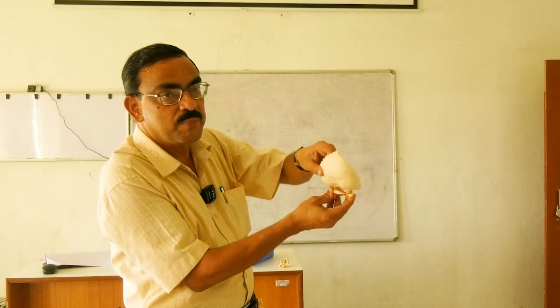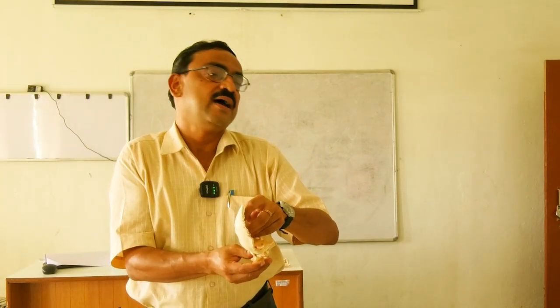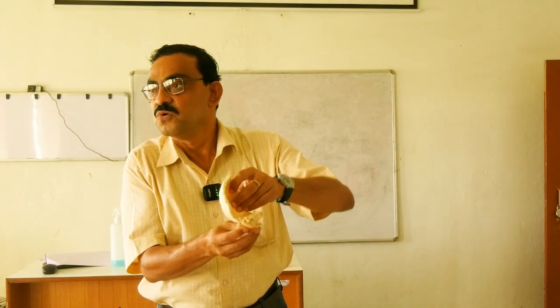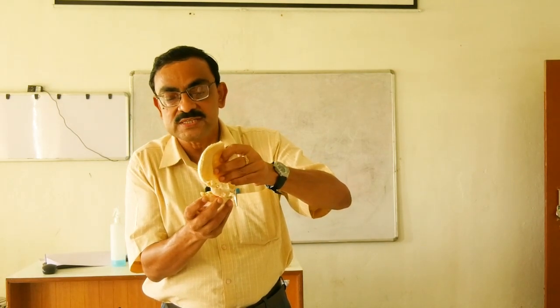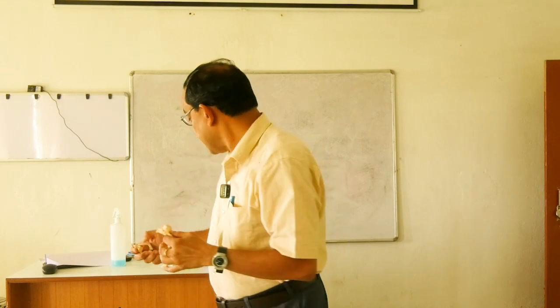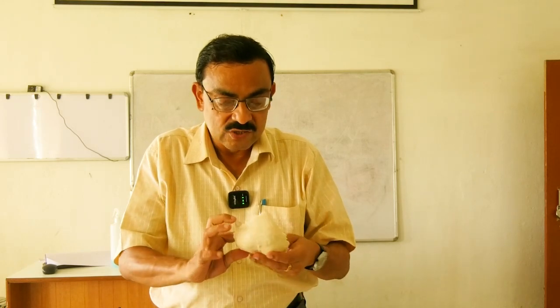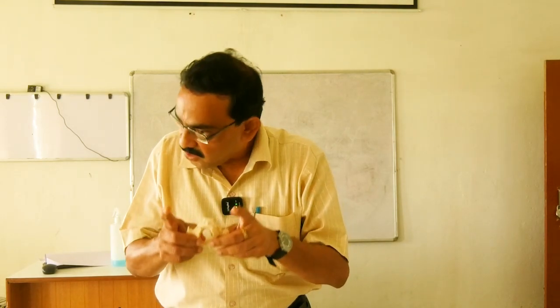A backward movement is the extension. Flexion, extension, and there are side to side movements also over this joint. So this part, because we get the condyles on the lateral side of the foramen magnum, is the condylar part.